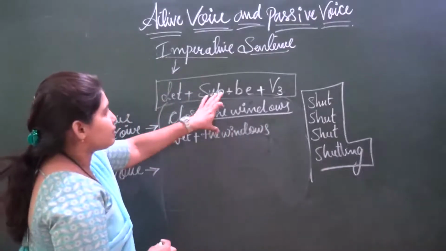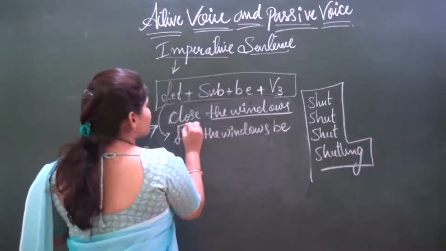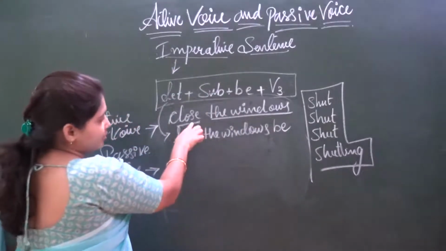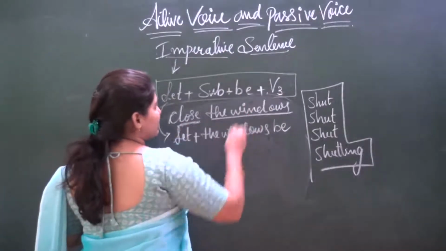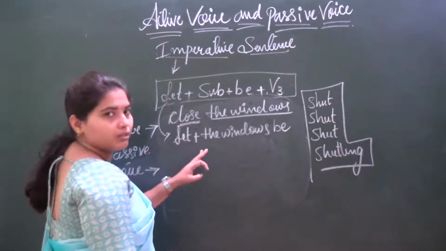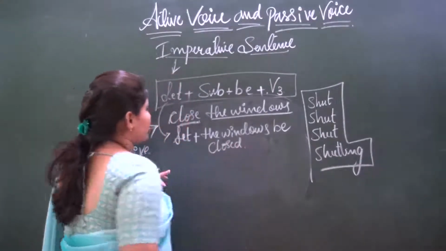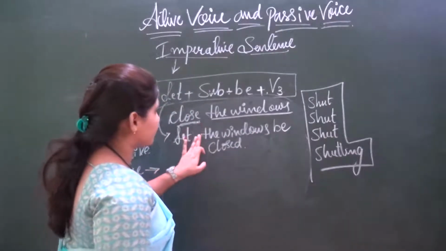Let the windows be closed. The verb will change into V3 form, that is close, closed. Yes, let the windows be closed.